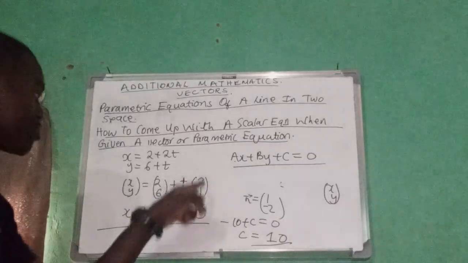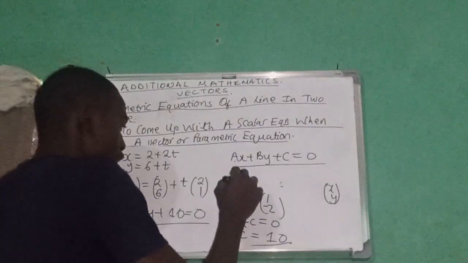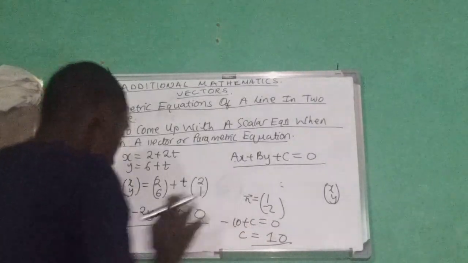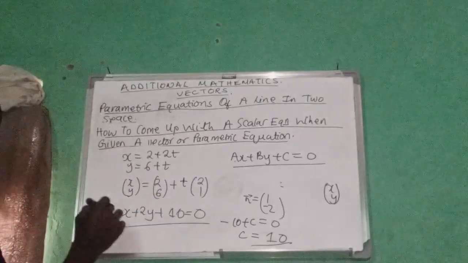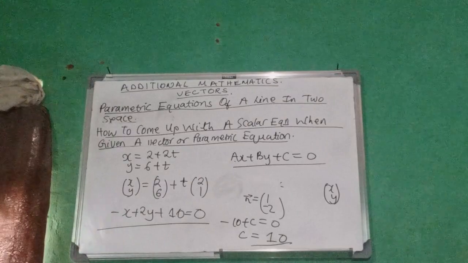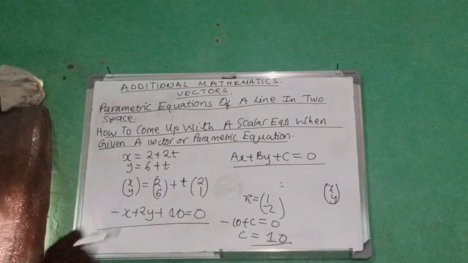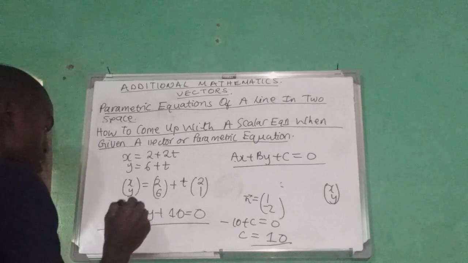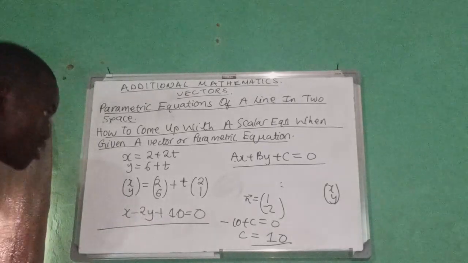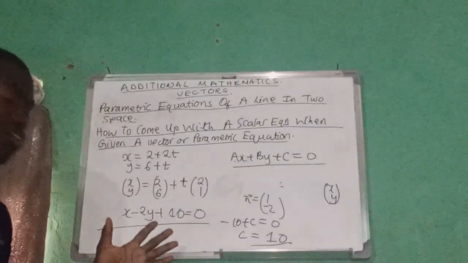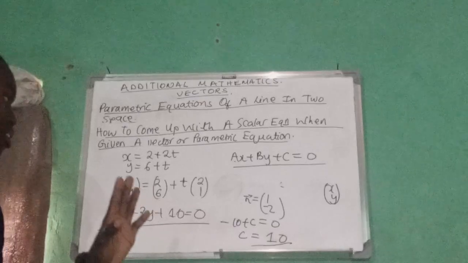For the normal vector, you can flip it and just put a negative on any of the numbers, like that. Even if the negative was here, it will still give you the same values if you were to use a different normal vector. But let's keep it like that.